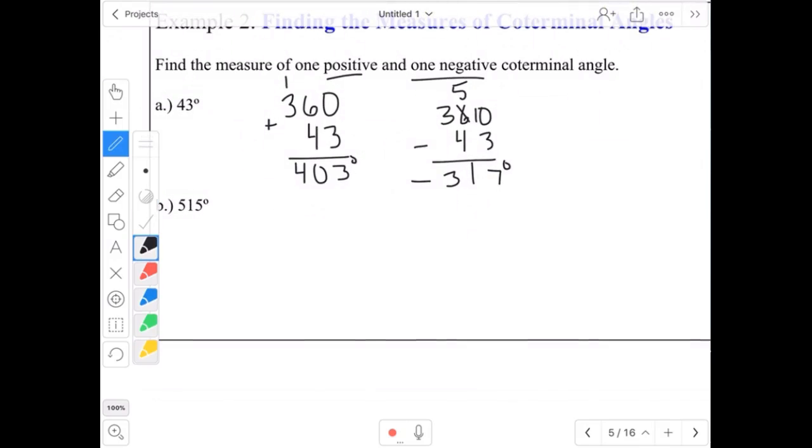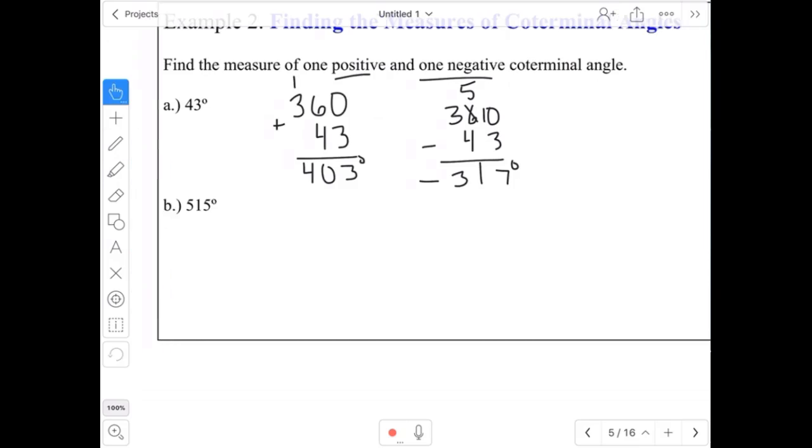Now, this one you might notice, well, if we subtract 360 degrees, we are still positive. So if we wanted to find one of our negative coterminal angles, we're going to have to go further than that. So you could subtract 360 twice, or you could right off the bat subtract 720 if you want.